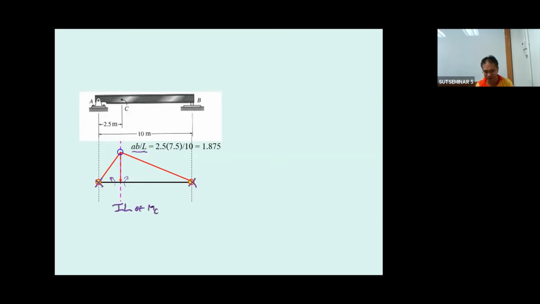From the influence line of M sub C, you can see all the area is positive, and the maximum is going to be here. So the 4 kilonewton is going to be at the same point as before, but the uniformly distributed load is going to be like this.